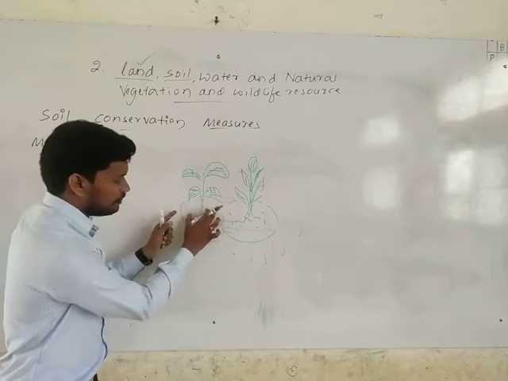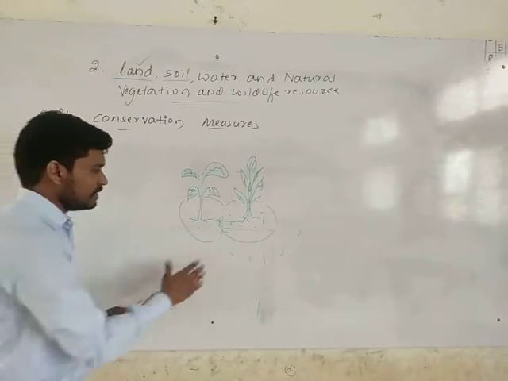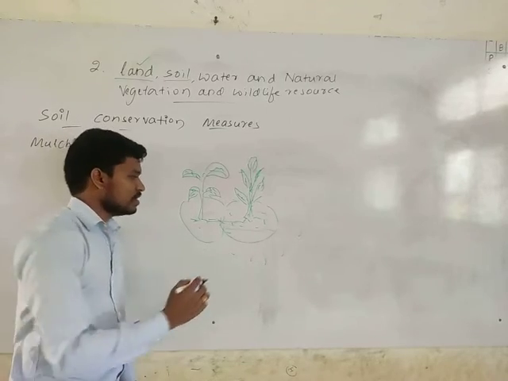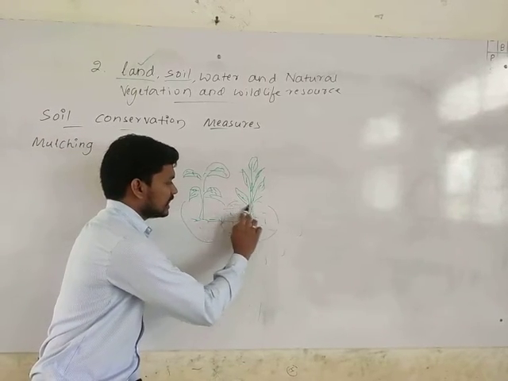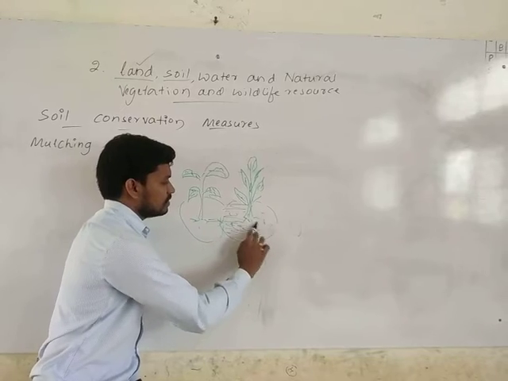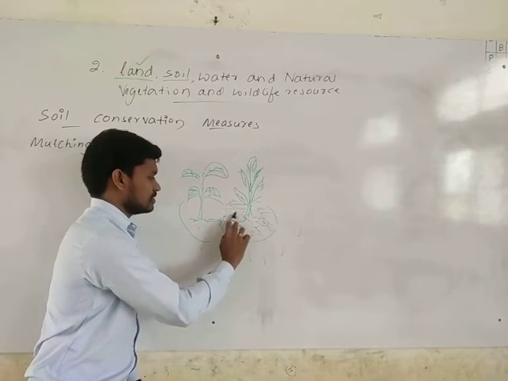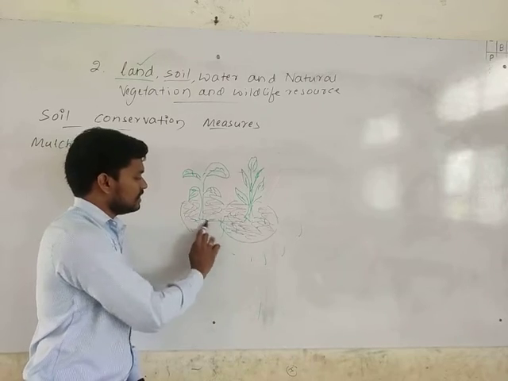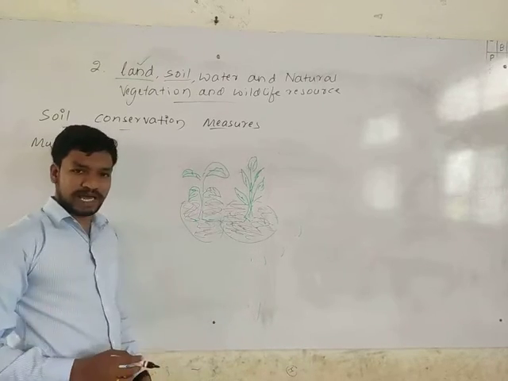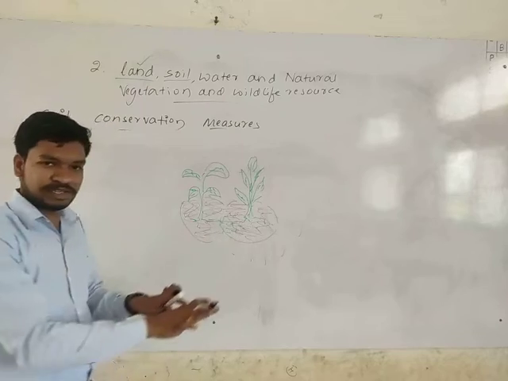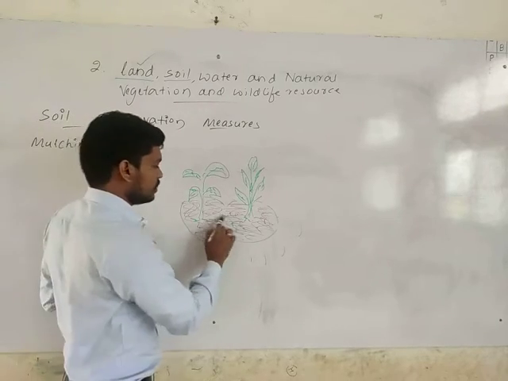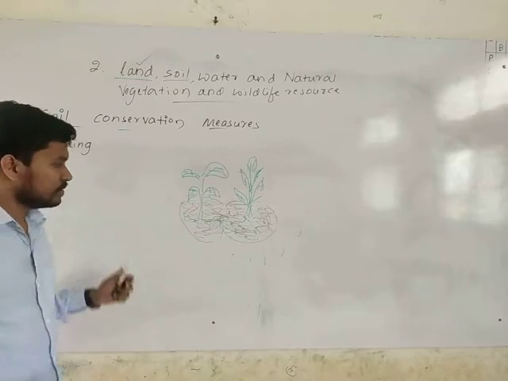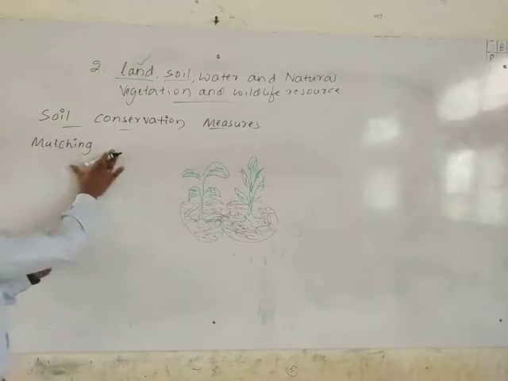In between the plants we have bare land, right? So we cover this land with grasses, straw, to avoid the degradation of soil. Dried grass is called straw. So covering the bare land in between the two plants avoids soil erosion, where the soil gets eroded along with the runoff water. It's called mulching.